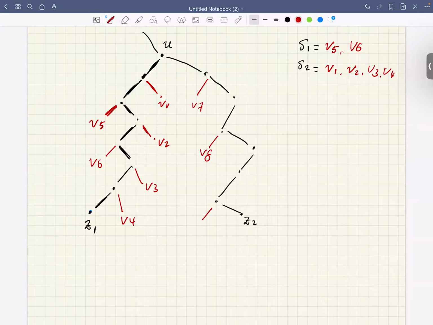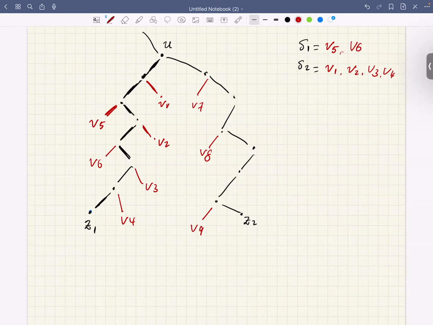So I want you to tell me what should be the S1 set for Z2 and U. You see, before when I talked about Z1, I said this S1 set determined by Z1 and U includes these two guys, V5 and V6, right? So you already know how to generate S1 and S2, as S2 includes the other 4 nodes, right? So here I'm talking about this pair, Z2 and its ancestor U, right?